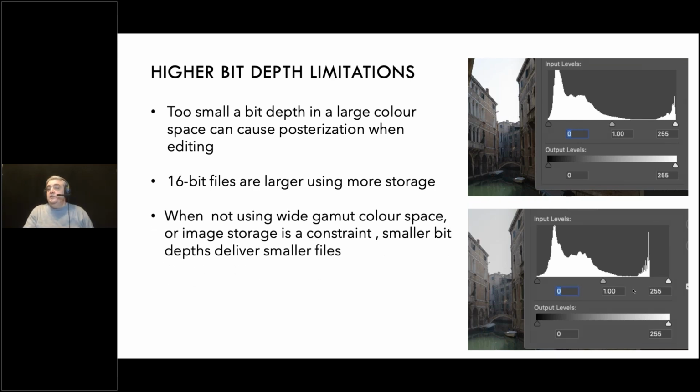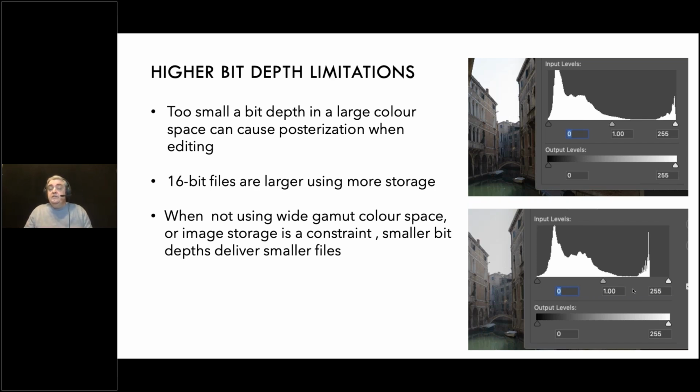Having said that, if you're not going to be using a wide gamut color space, if you're not maybe shooting archival work or copy work, or if you do have some kind of constraints on what you can store, then there's nothing wrong with dropping down to 14-bit.